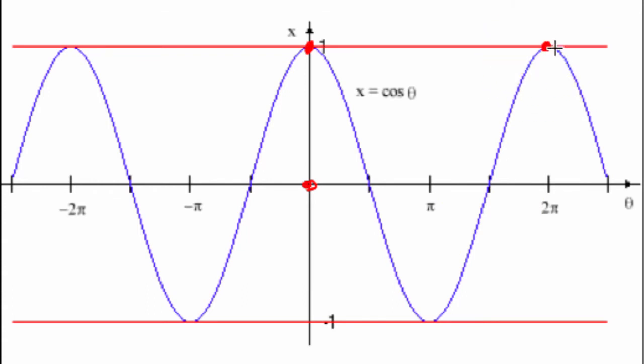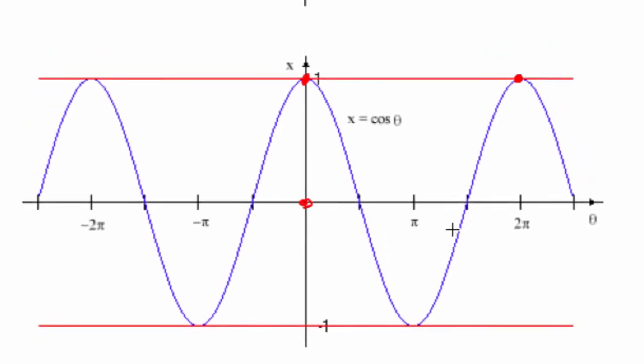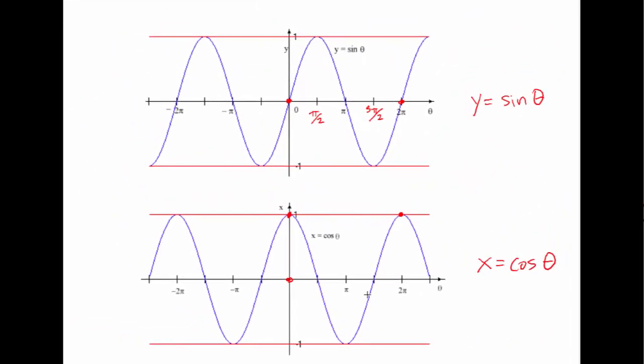So at this point, we complete one full cycle of the cosine wave. So one cycle of the cosine wave looks a little different than one cycle of the sine wave. But overall, the wave pattern of the two functions is very similar.